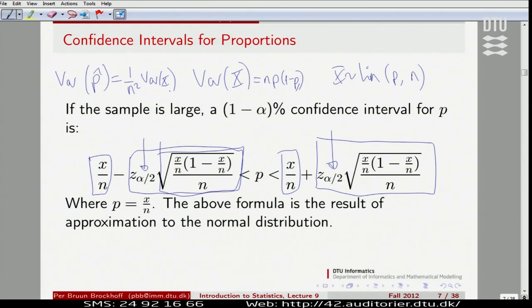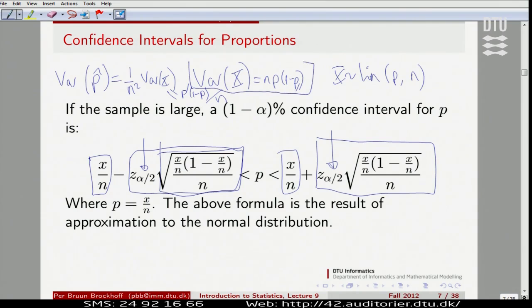Because p hat is x divided by n, so I take the n squared out, meaning the variance becomes p times 1 minus p divided by n, because n squared takes the n from the variance of x.